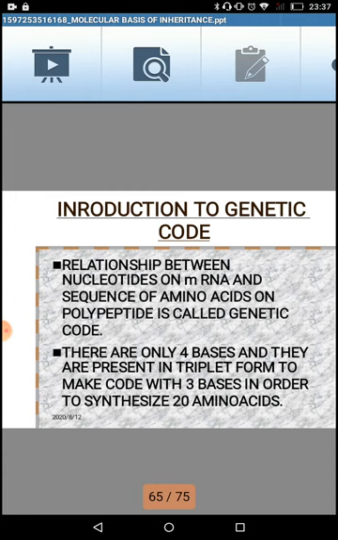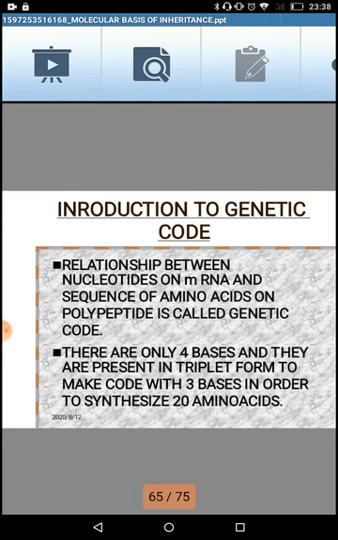So like this, the 4 bases present in the whole living system, in different permutations and combinations in triplet form, will be converted into 64 codons, and the 64 codons will be synthesizing 20 amino acids, and these 20 amino acids in different permutations and combinations give a huge number of characters in the whole world, millions of characters.